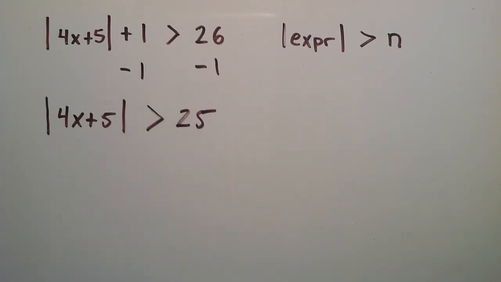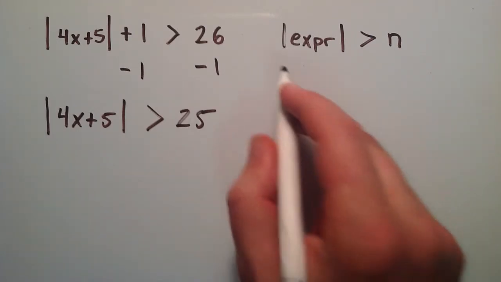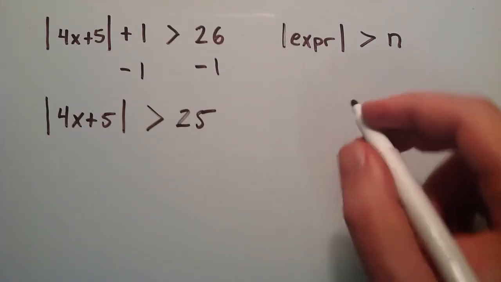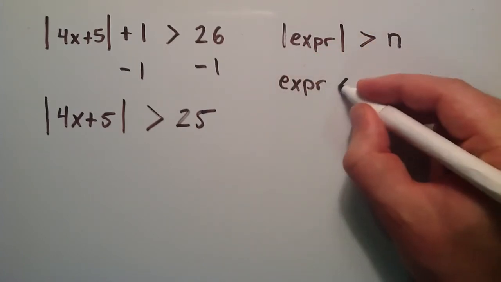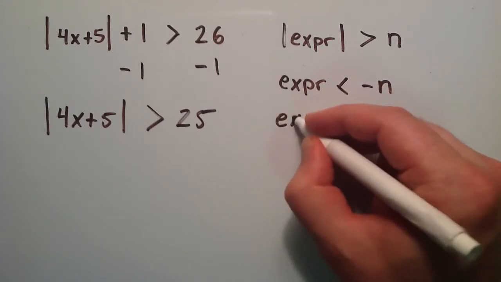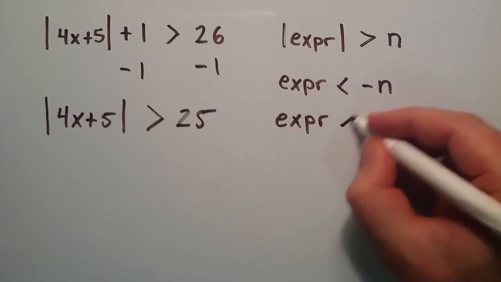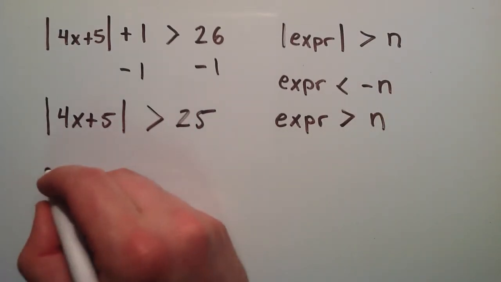In lesson 50, I explained how to start the solution to this type of absolute value inequality. When we have an absolute value inequality of this form, we start the solution by saying that the expression is less than negative n, and the expression can also be greater than positive n. Our expression is 4x plus 5.